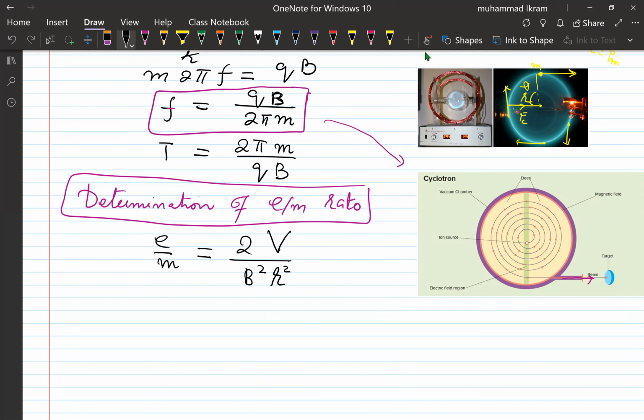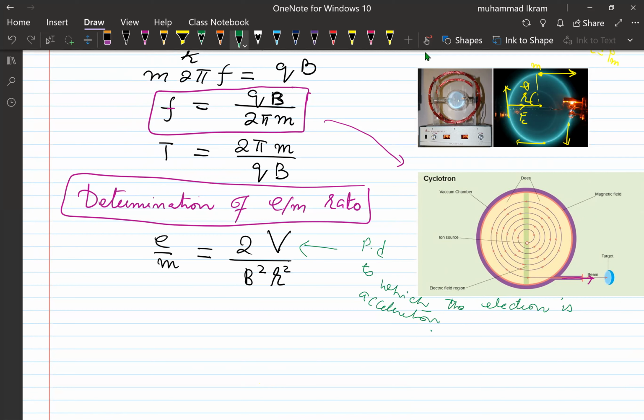Okay, V is the potential difference, PD, to which the electron or ions are accelerated. E is the charge on the particle, M is the mass of that particle, B is the magnetic induction, and R is the radius.